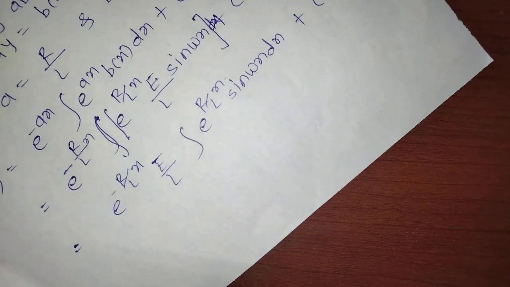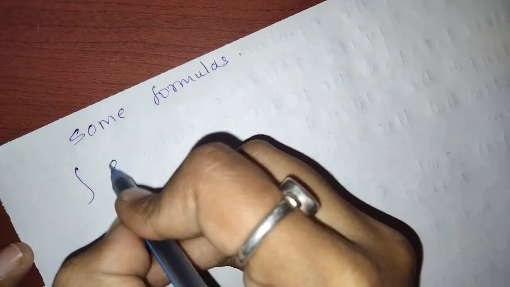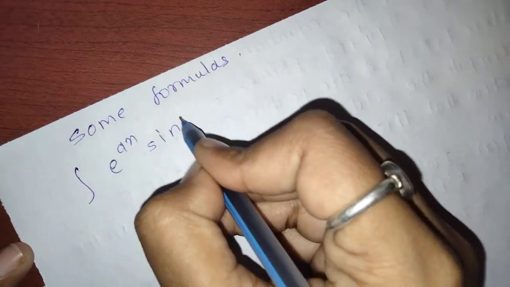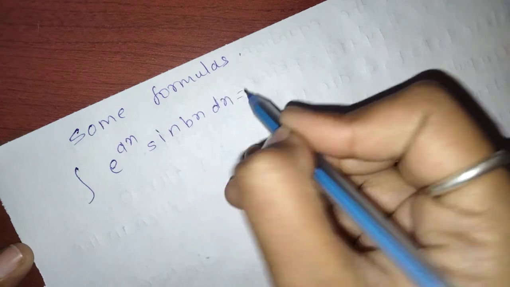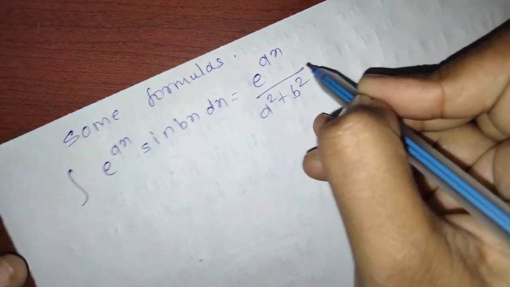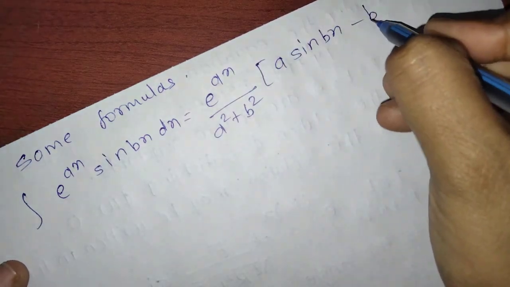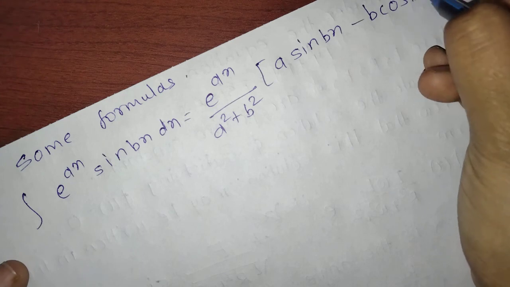Now we know some formulas for integration of the form e raised to ax sin bx. Integration of e raised to ax sin bx dx is equal to e raised to ax upon (a squared plus b squared) into (a sin bx minus b cos bx).